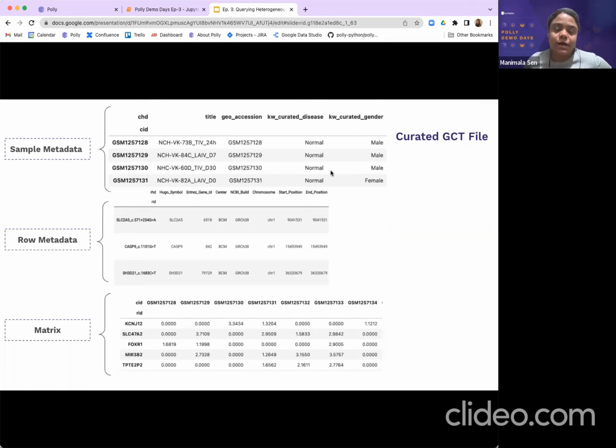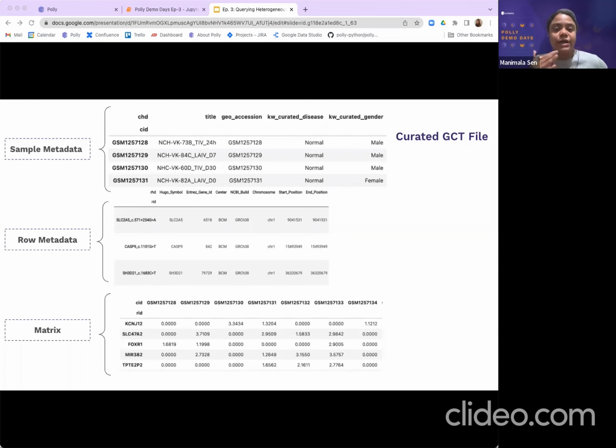So what you see here is a GCT file, and let me first take you guys through the process of storing this data at scale, and that is something that powers our powerful searches or the queries that we will show in some time from now. You will have something which is a data set level, and it comes with its own metadata, which is the global metadata.